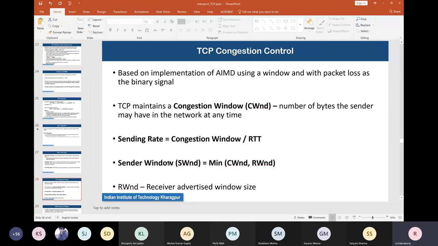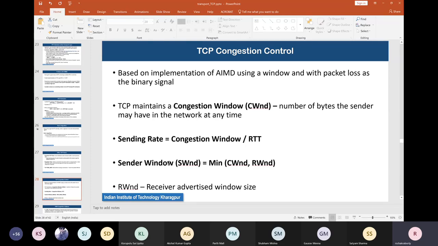Otherwise, everybody will suffer. One of the ways by which the sender respects the ability of the receiver to receive data is through the receiving window. The receiving window is informed to the sender piggybacked on the TCP segments. There is a field for the window size through which the receiver tells the sender, don't send me more data than this. I cannot handle it currently; I don't have space in my buffer.